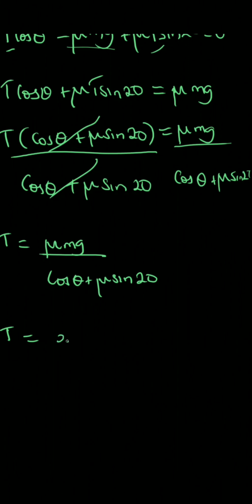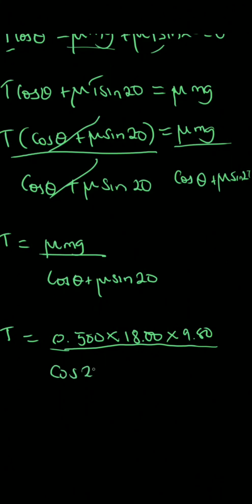Now let's do our substitution. So it will be mu, which is 0.500, to multiply with the mass, which is 18 kgs as well given in the question, then multiply by acceleration due to gravity is 9.8. Then we divide with cos of the angle, which is cos 20.